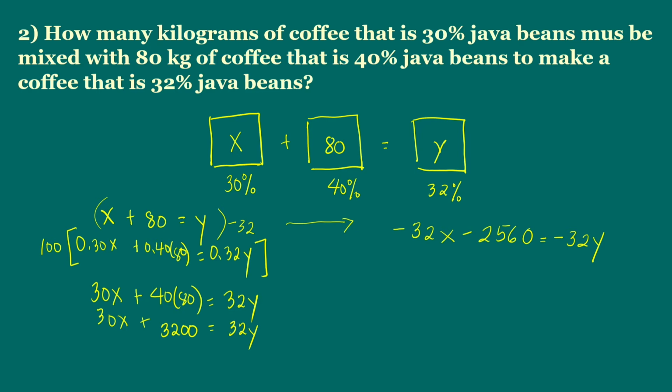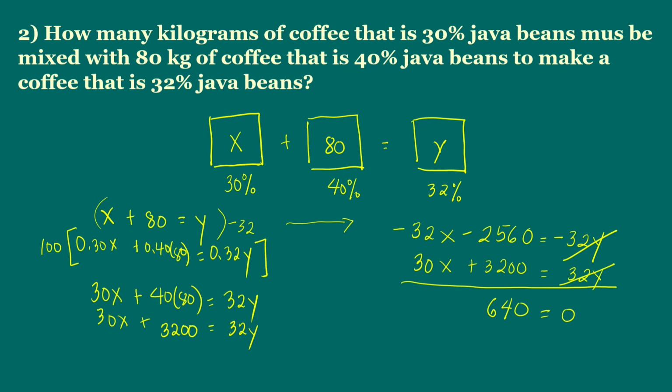Now, together with this equation, let us write this in here. So that will be 30x plus 3,200 equals 32y. So what we can see here is that we can now eliminate the y variable, negative 32 plus 32. So that will give us 0. And then 3,200, this is positive. And then with negative 2,560, we combine those two numbers. That will give us 640.